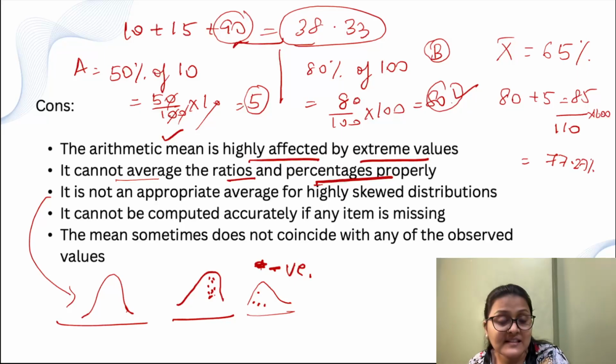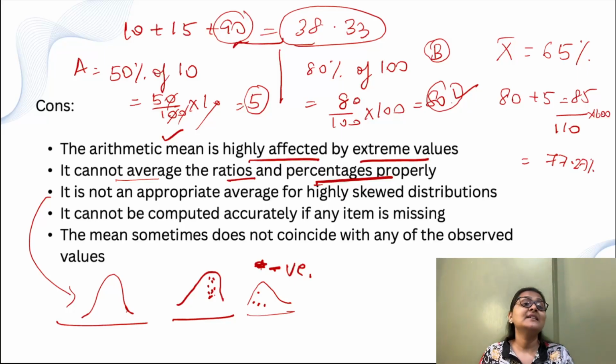So this means that the mean is very much sensitive to the extreme values. If a few values are too large or too small, they are going to distort the whole average. So the mean may not represent the actual value of the data.